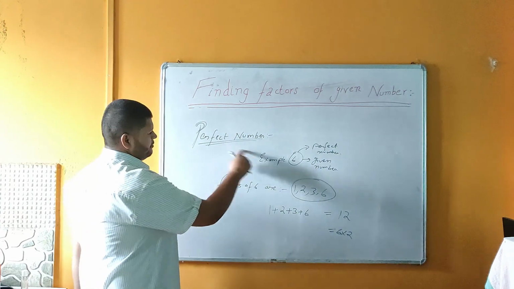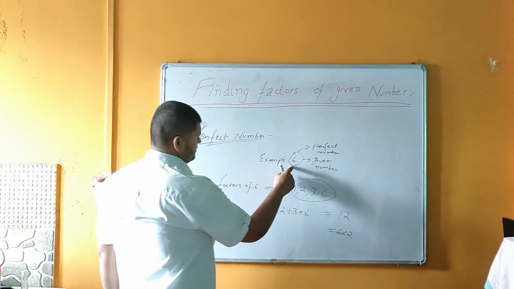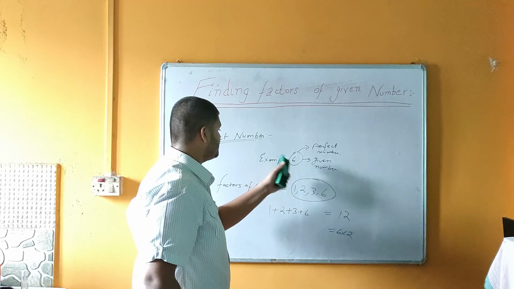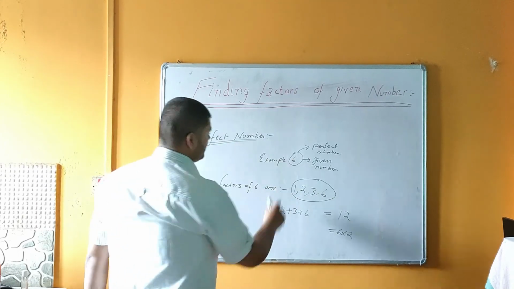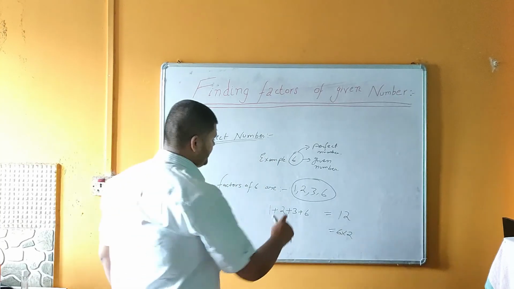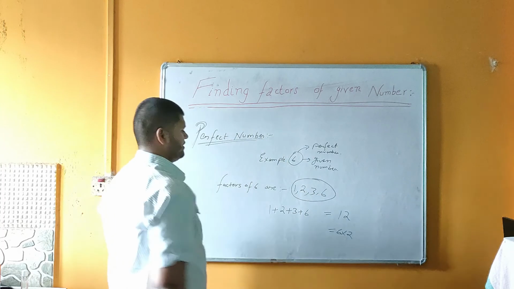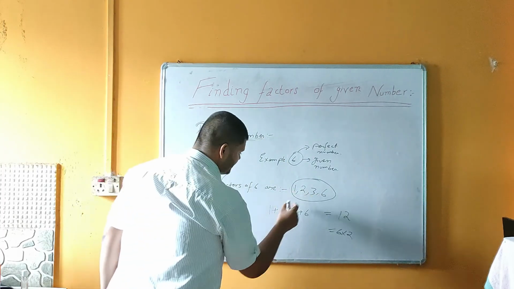So the perfect number, once again I am explaining. We are taking one given number, that is 6, and we are here to test whether this 6 is a perfect number or not. To test that, first of all, you have to find the factors of 6. The factors of 6 are 1, 2, 3 and 6. After finding these factors, you have to add them.